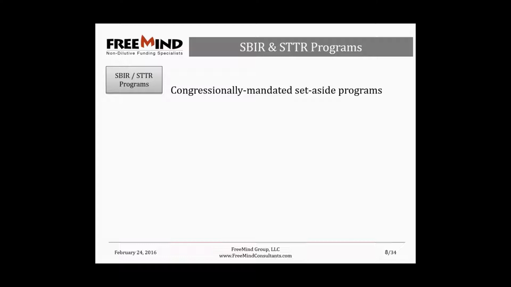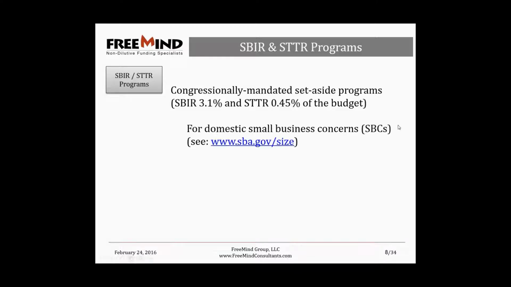Similarly, any federal agency that funds R&D projects with a budget of over $1 billion has to set aside a specific percentage for the STTR programs. The current numbers are 3.1% for the SBIR program and 0.45% for the STTR programs. These numbers actually increased during the last few years, and they are anticipated to continue on with that.